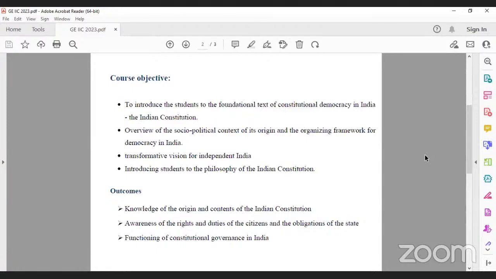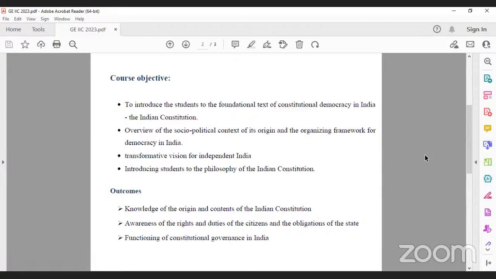And in that context, the idea of this paper is to make a student aware of the diverse socio-political and economic context in which we have come up with a defined framework, a unique model of democracy in our country based on our own need and interest.